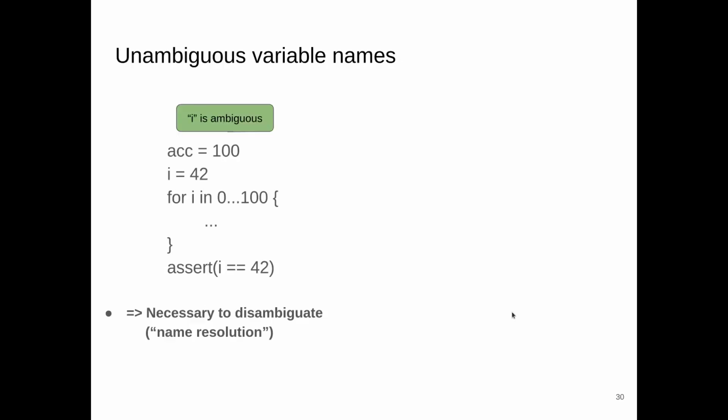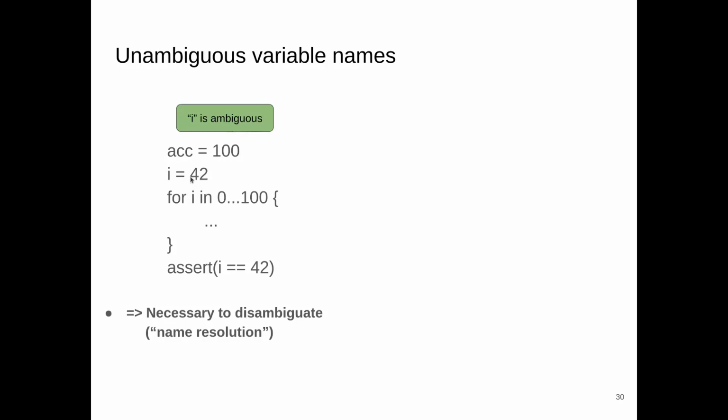Now let's turn to the third characteristic of this IR, that is unambiguous variable names. That means variable names are ambiguous in other forms of programs. For example, in this C program or pseudocode on the left side of the slide, i is ambiguous here because i is declared twice.